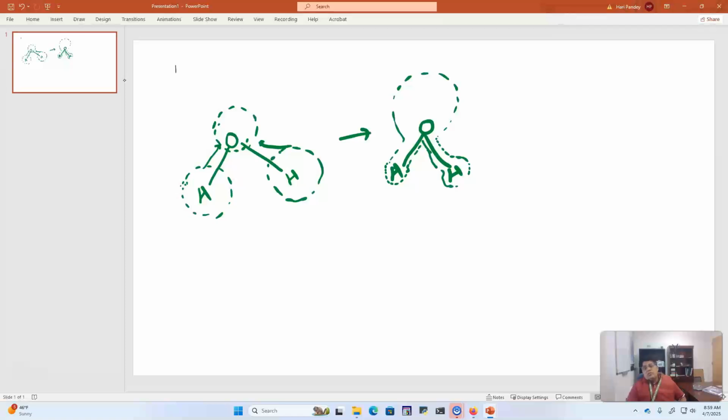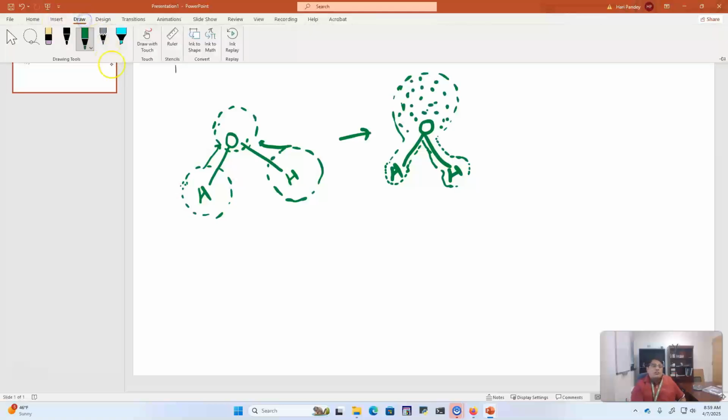For example, oxygen pulls 75% of the electron density toward itself.